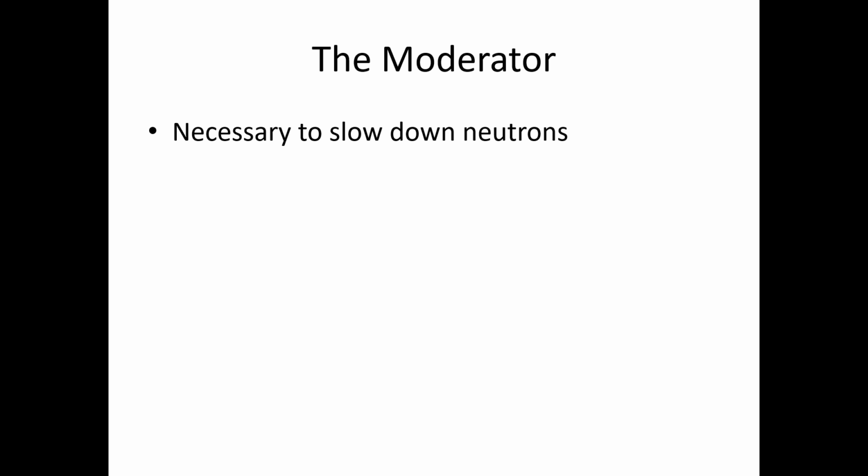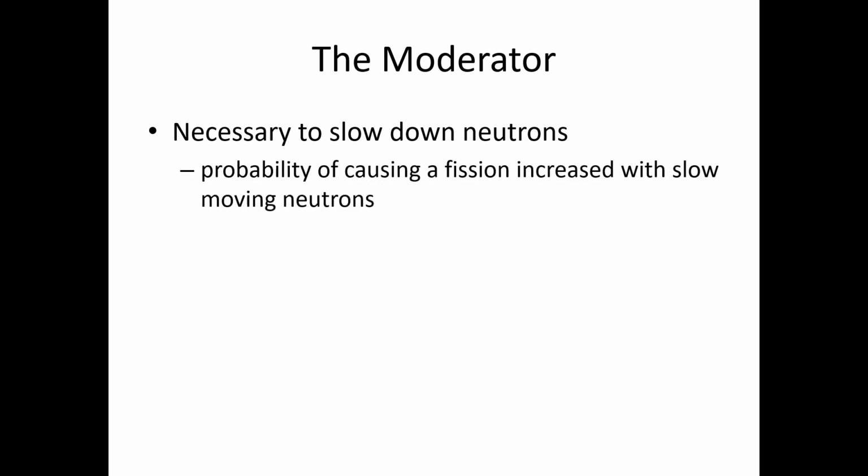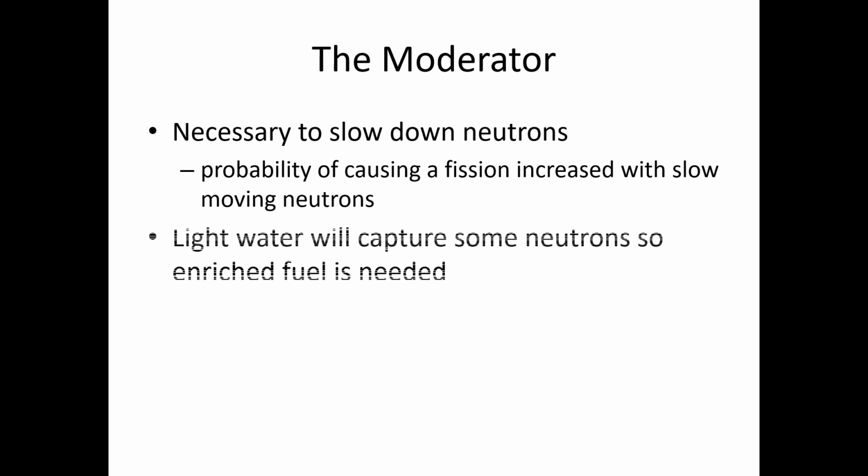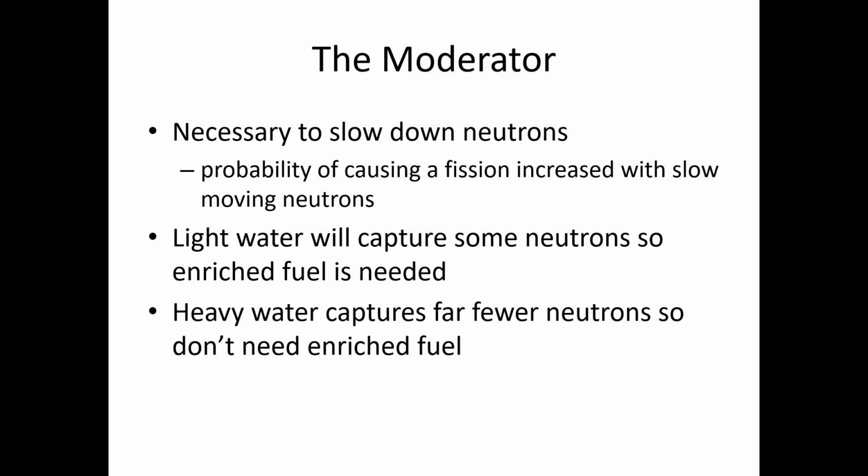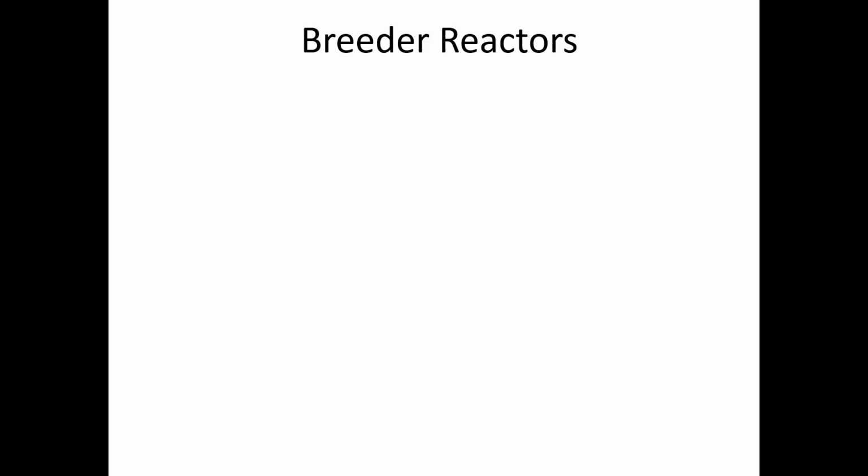They are needed in order for the reactions to be controlled. The probability of causing a fission increases with slow moving neutrons. Light water will capture some neutrons, so enriched fuel is needed. Heavy water captures far fewer neutrons, so enriched fuel is not needed.